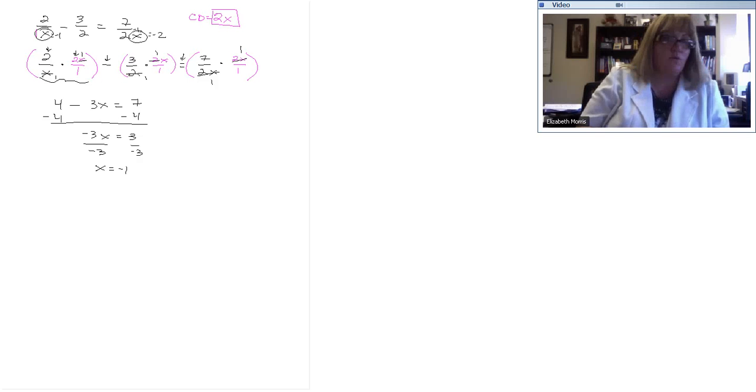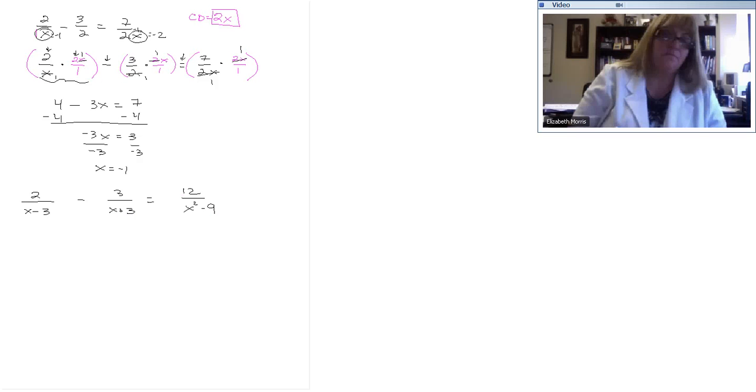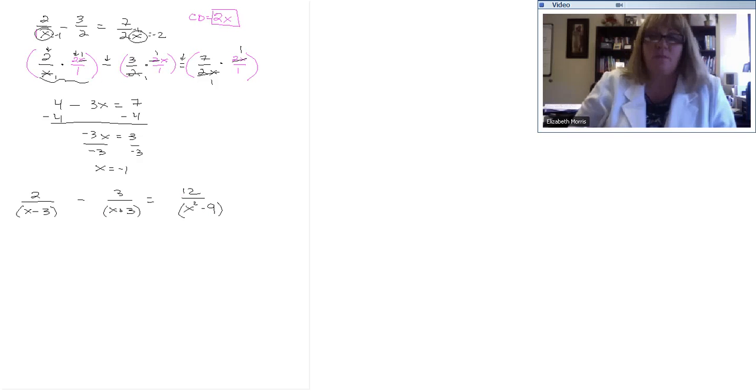What if I had 2 over x minus 3, minus 3 over x plus 3, equals 12 over x squared minus 9? All right, we have to find the common denominator, and then we're going to multiply each piece by that.